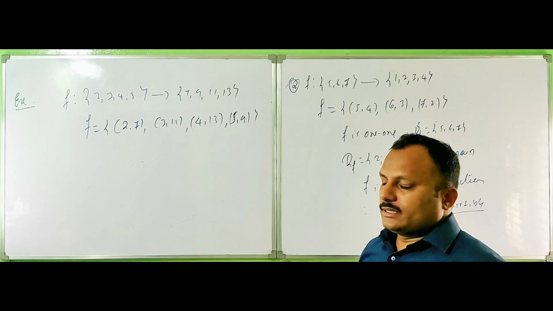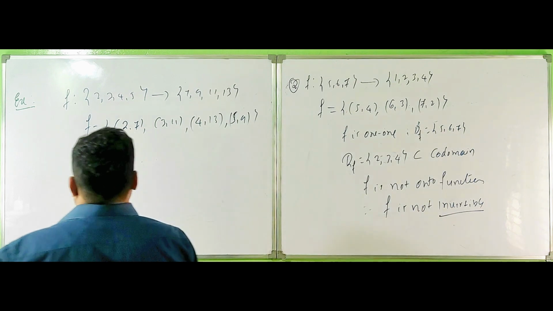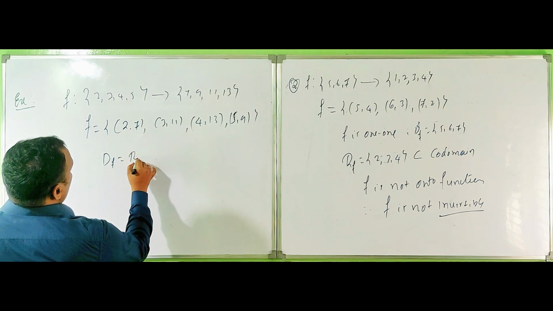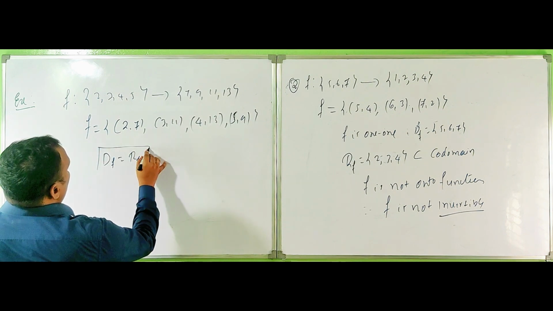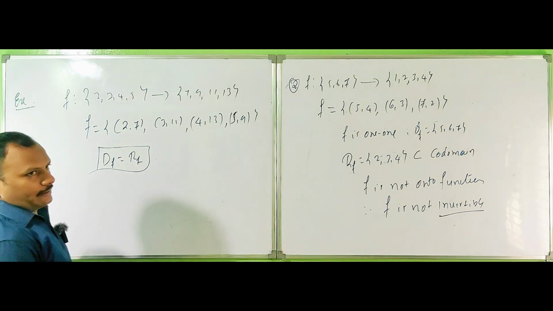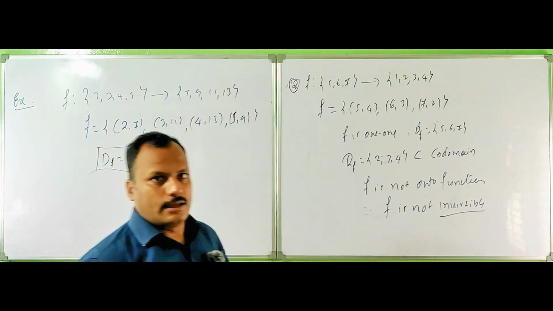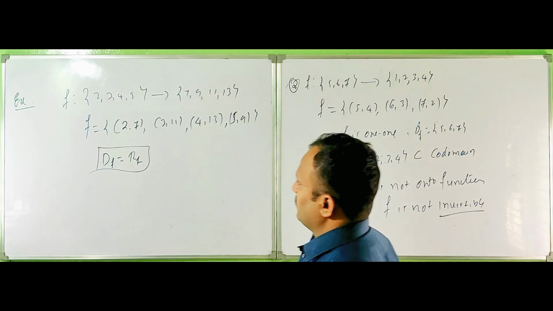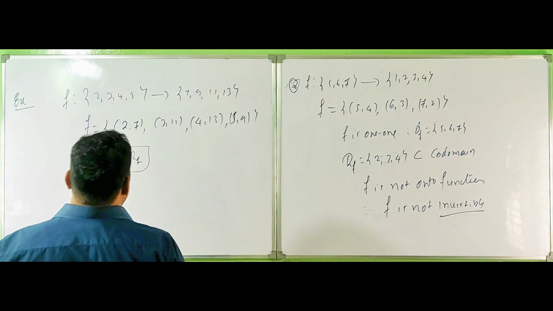See, domain of F is... One thing I can show is that the domain of F is equal to the range of F inverse. Nowhere do they write this, but still I am writing it.